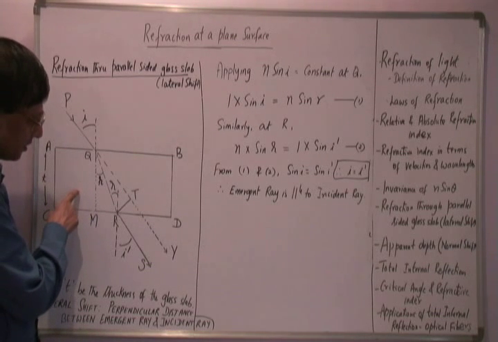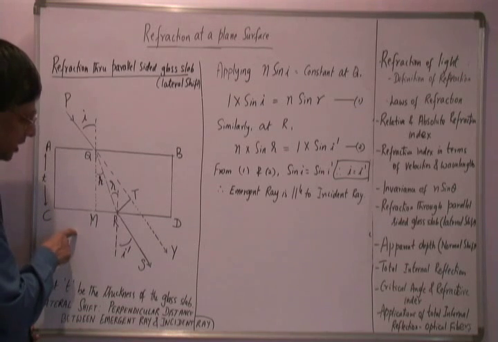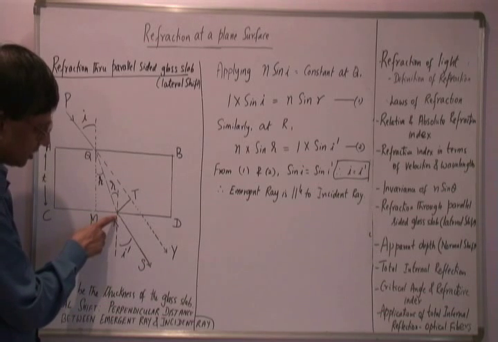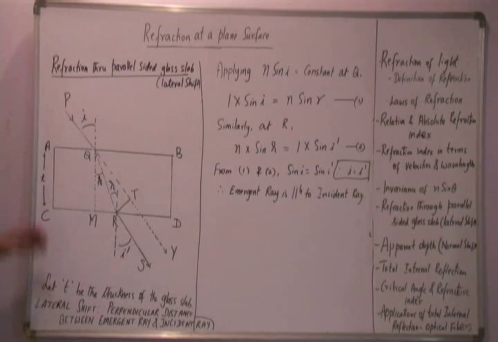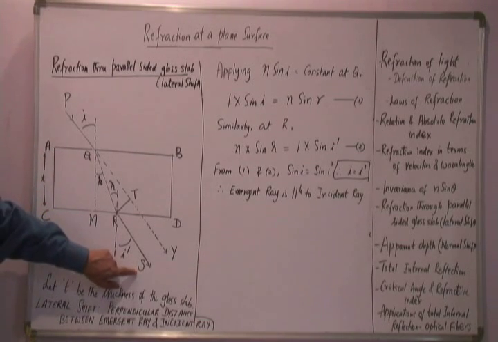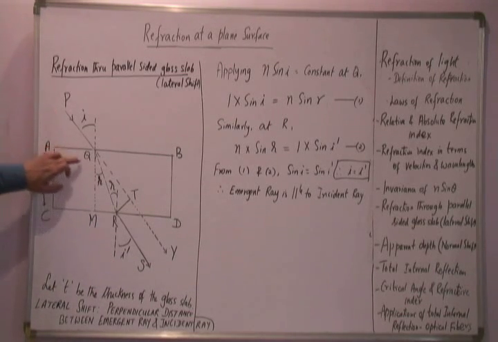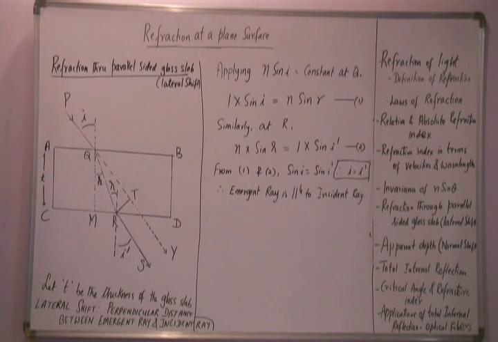The ray of light is moving from medium 2 to medium 1 again, and therefore the light gets refracted once again at R. So this is the ray of light that is emerging from the glass slab. RS is the emergent ray. PQ is the incident ray. QR is the refracted ray.